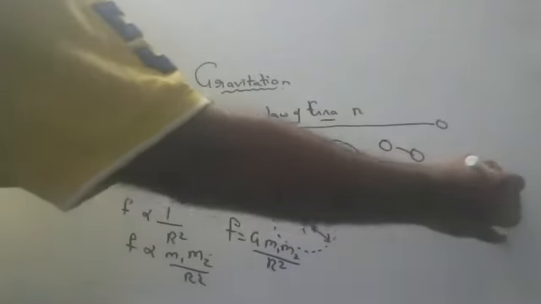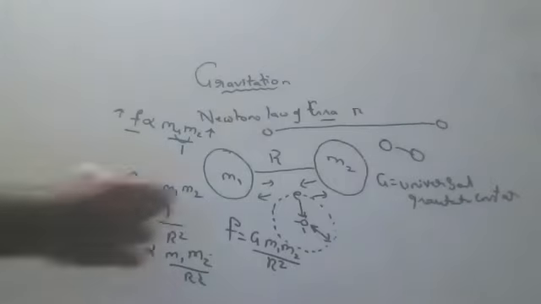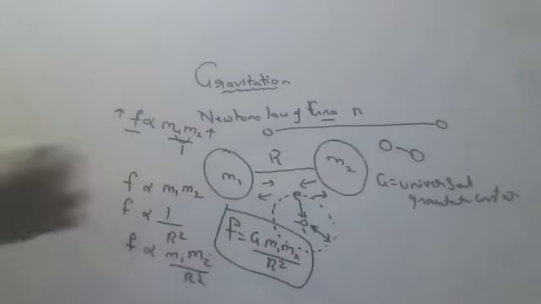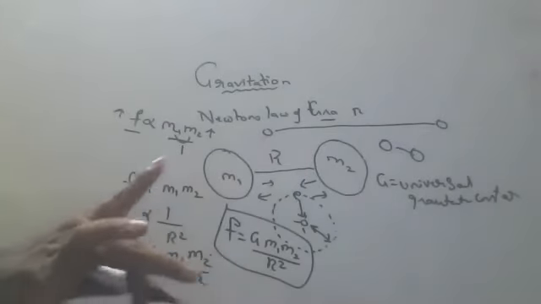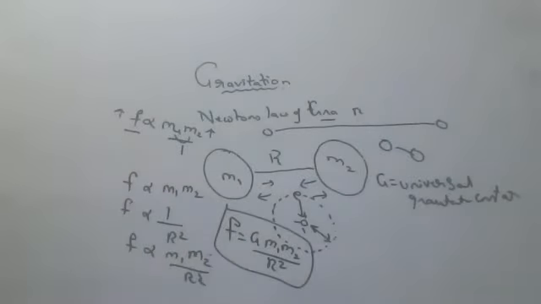What is G, children? Universal gravitational constant. This is the formula for the law of gravity. Big G and small g are entirely different, children, and they are not the same.